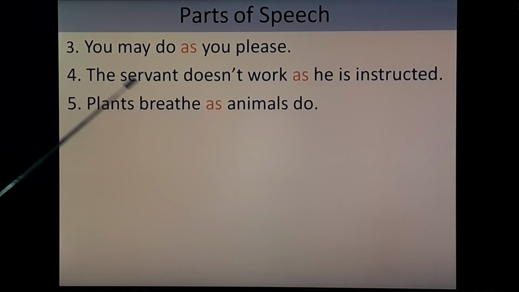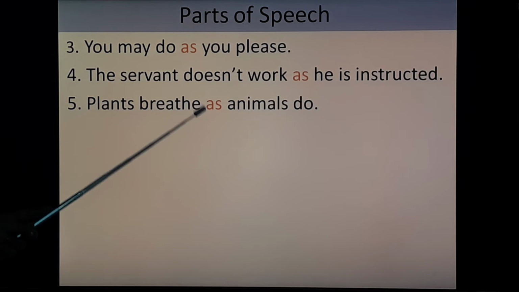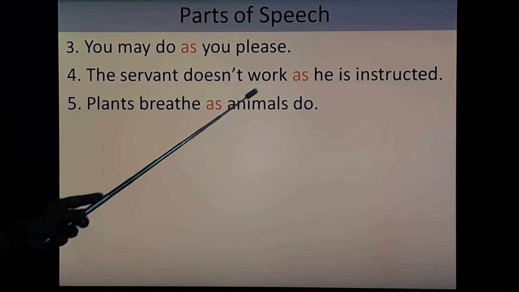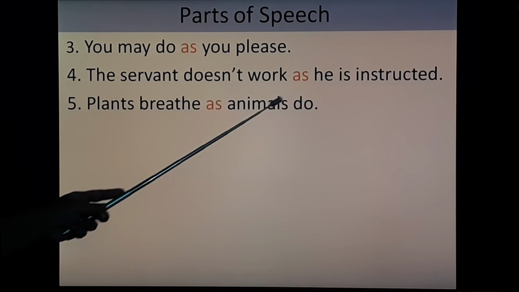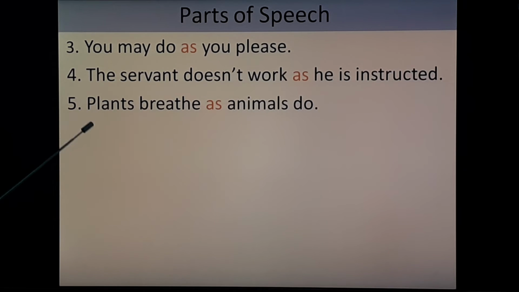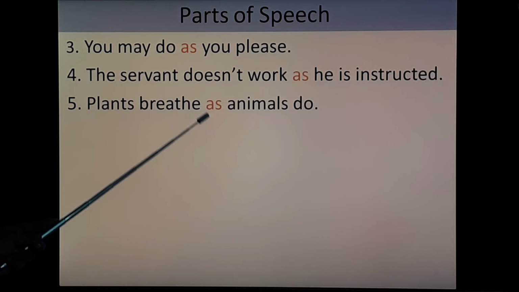So here plants breathe, main clause, as subordinating conjunction, animals do, that is the subordinate clause. Why? Because this, animals do, is dependent, and here plants breathe is the independent clause, and both are joined with the help of as, that is a subordinating conjunction.